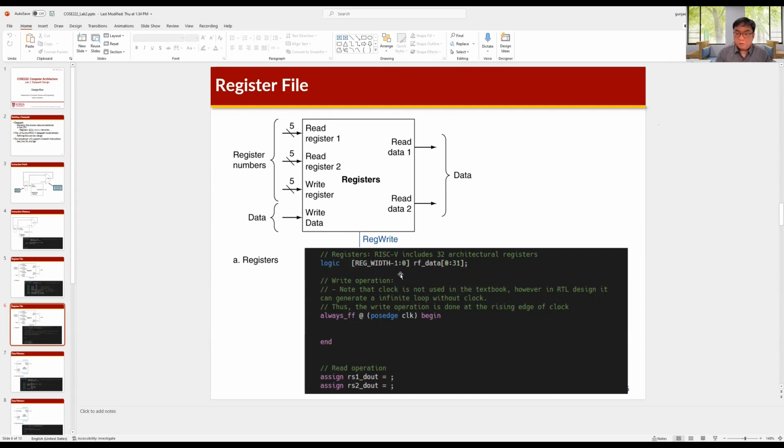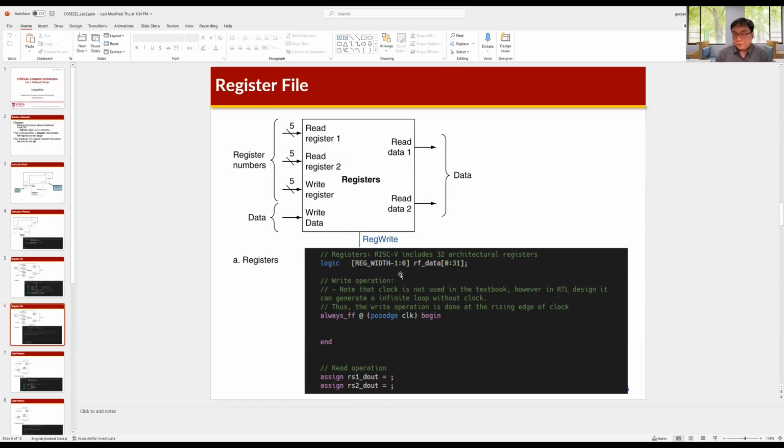That means if data is written to the register file, this data is forwarded to the read-out port of the register file, if the read register number and the write register number are equivalent.